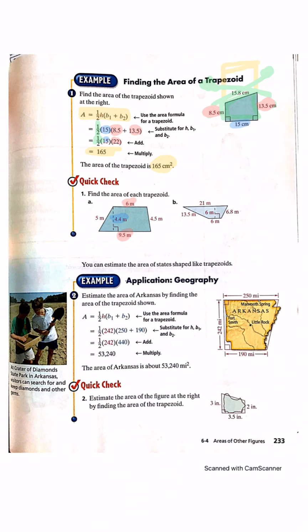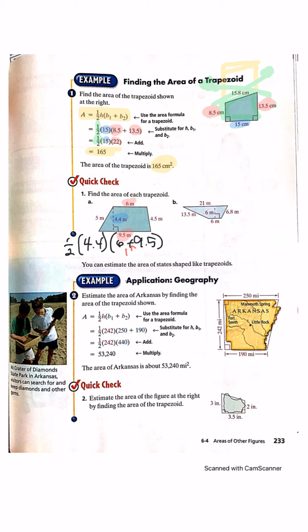So if we were to write this in an equation, it's going to be half of 4.4 times 6 plus 9.5. So when you add 6 and 9.5 together, you are going to get 15.5. I don't know why I cannot draw a straight 1 on this program, but I am trying.